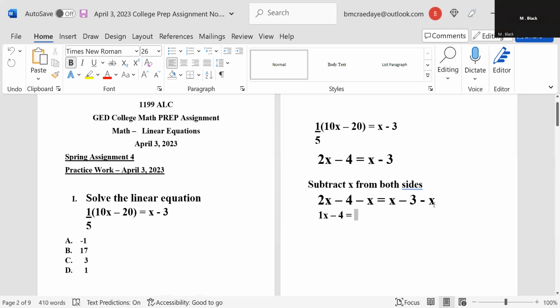Subtract. That's 0. Remember, plus and minus of the same variable or constant or combination is 0. So what do I have left over here on the right side? You're not going to throw away your minus 3. Yes, you'd have a minus 3.